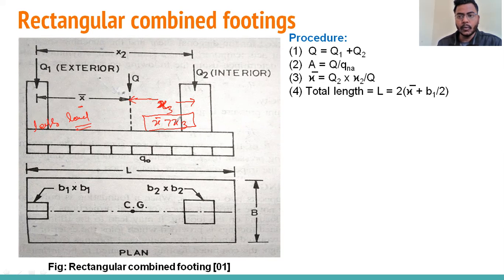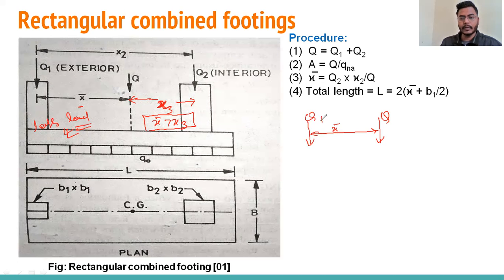So what we will do, we will select the half length by keeping this side. Suppose this is the resultant, the distance of which is x bar, and this is the load Q1.